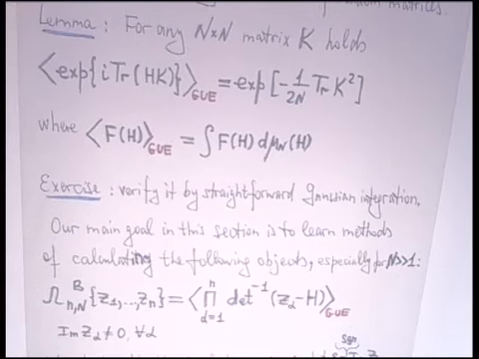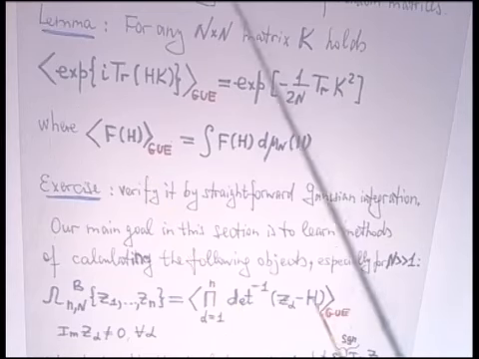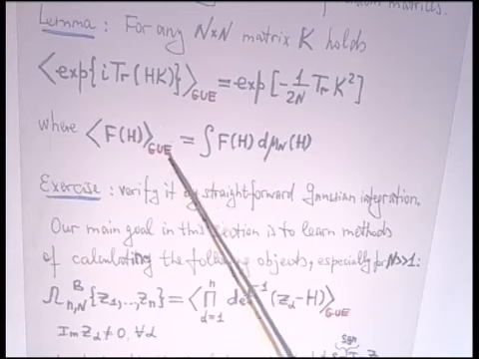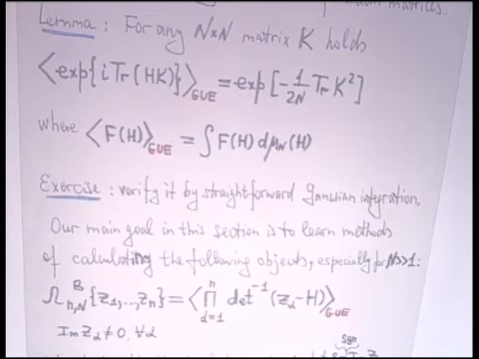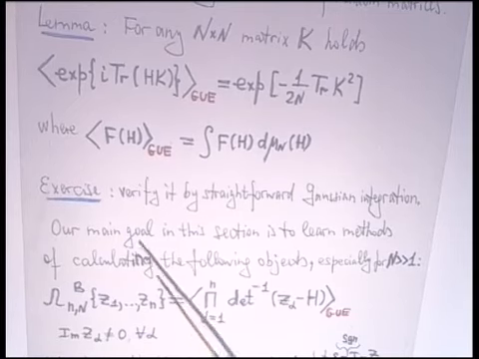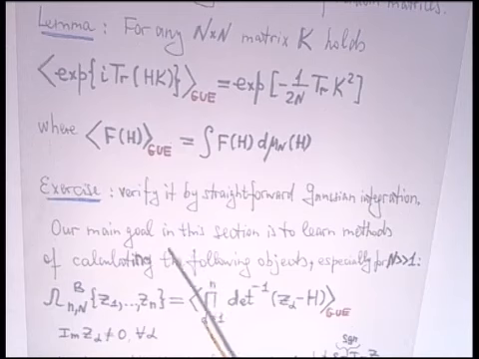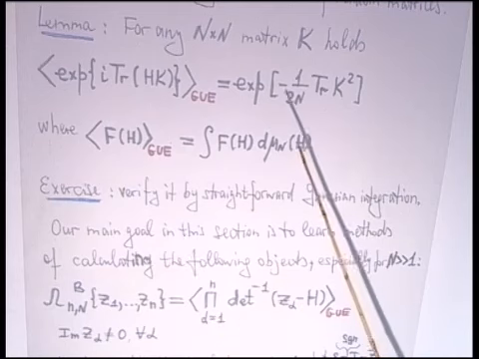If we just define this for any object depending on h, we define these angular brackets as a straightforward integral of this f as a function of h, with this probability density or with this measure. Then please check it. I leave many small things, and sometimes not that small, but usually straightforward things to check as an exercise.